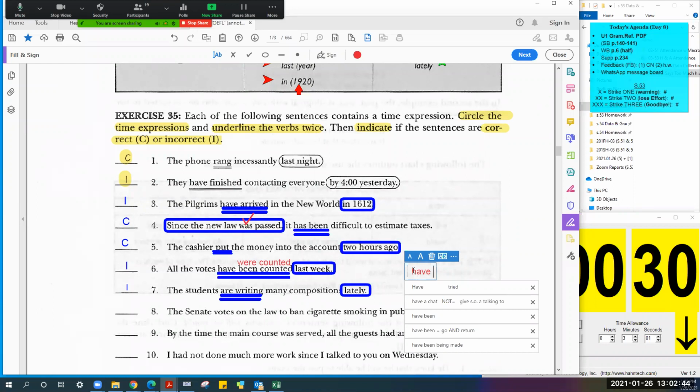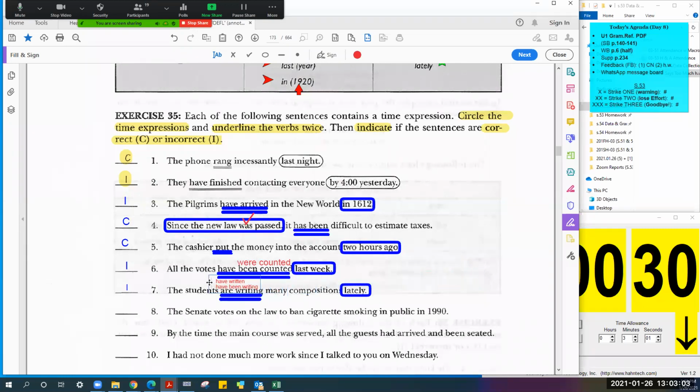You could say have written. That is correct. Or there's another possibility. You could also use the continuous. Have been writing. These are both possible answers. Okay? Have written or have been writing. Okay?